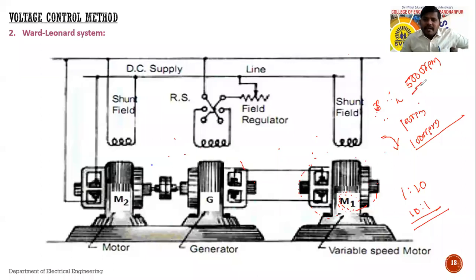See, the rated speed of the motor is 5000 revolutions per minute; if I want to control the speed of that motor, I want to achieve a speed near about 1000 revolutions per minute, or I may achieve 5000 revolutions per minute.